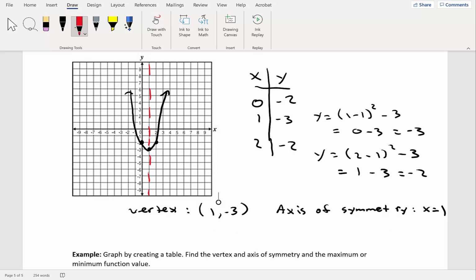And that depends on the vertex. So let's take a look at the vertex. Since this is the lowest that this parabola gets to, this is a minimum function value. So we have a minimum function value of whatever our y-coordinate is in the vertex, which is negative 3.